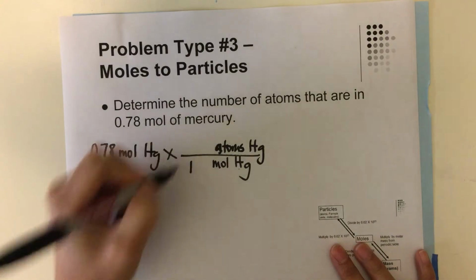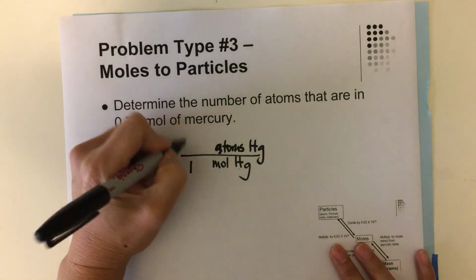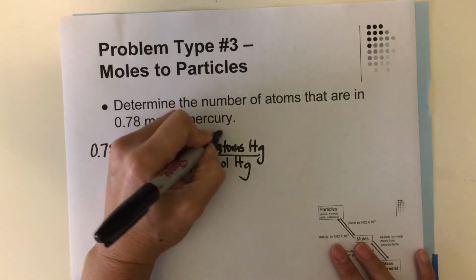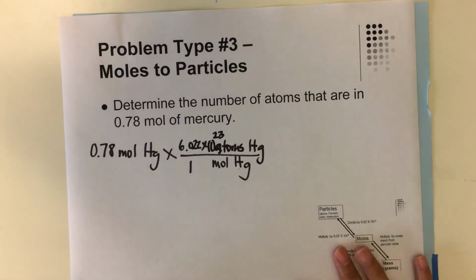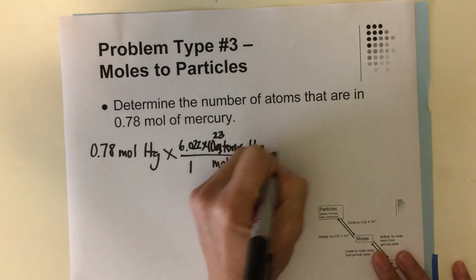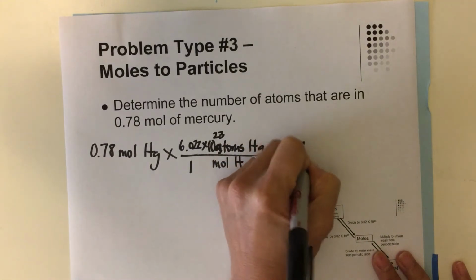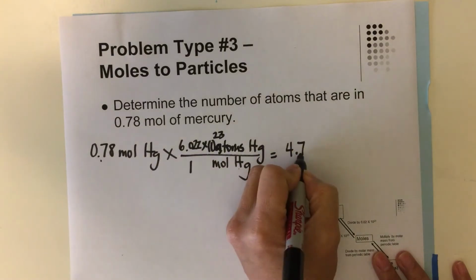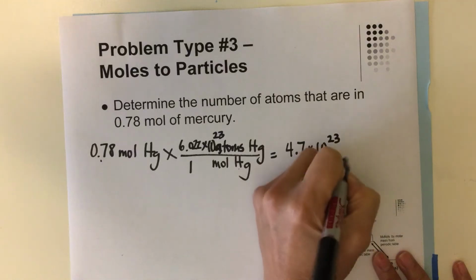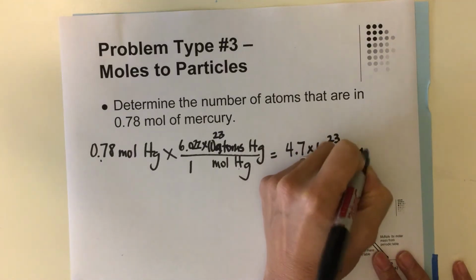And so in 1 mole of mercury, how many atoms are there? There's 6.022 times 10 to the 23rd atoms. Multiply that through and you will get a pretty large number, which is 4.7, 2 sig figs, must be 2 sig figs as an answer, times 10 to the 23rd atoms of mercury.